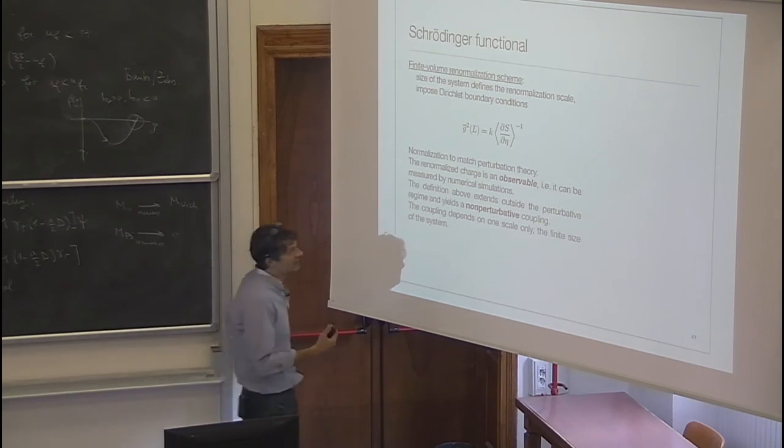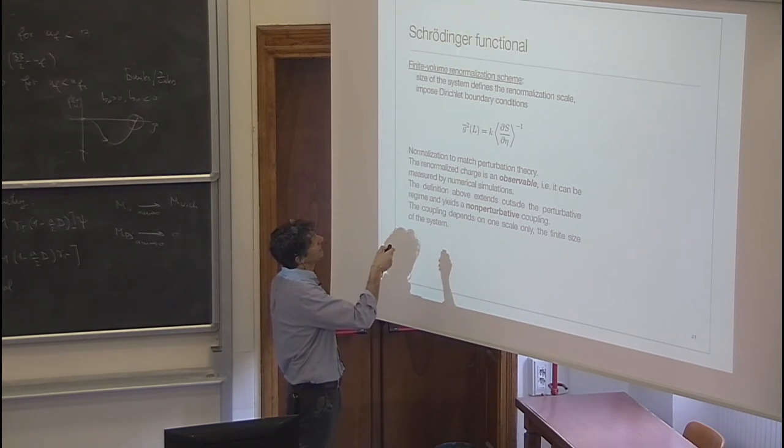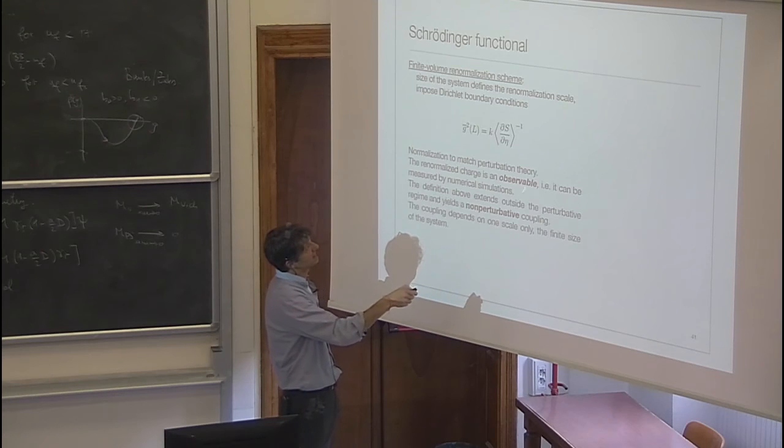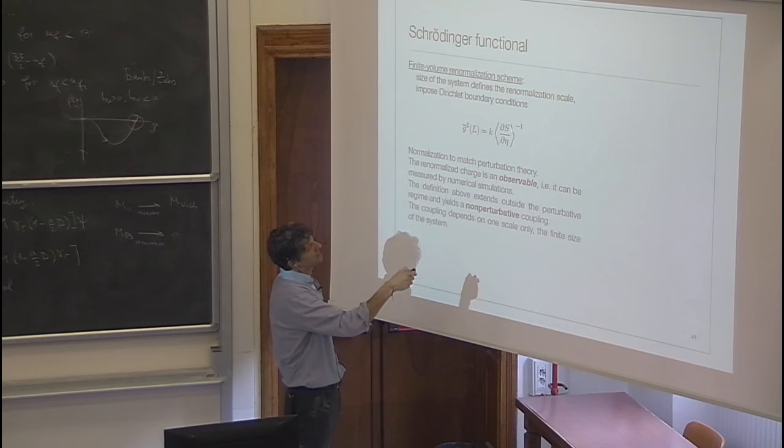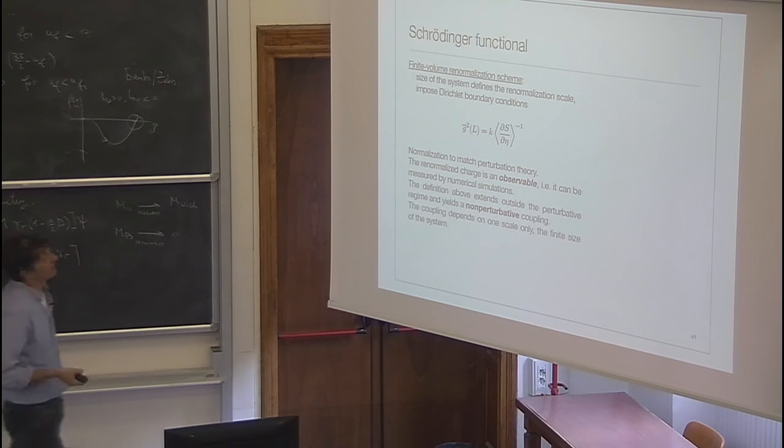So just like we discussed yesterday, we can define a coupling in this Schrödinger functional scheme from an observable, okay? So this is the expectation value of the derivative of the action with respect to eta. Remember, eta is this parameter that enters in the boundary condition. The details, again, do not matter, right? I mean, what is important is that this is an observable.